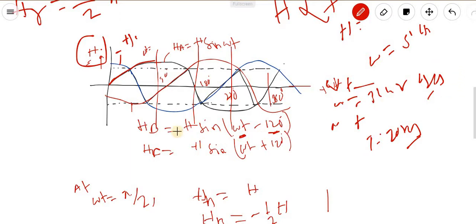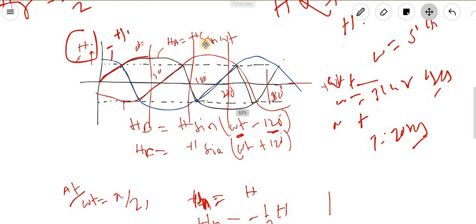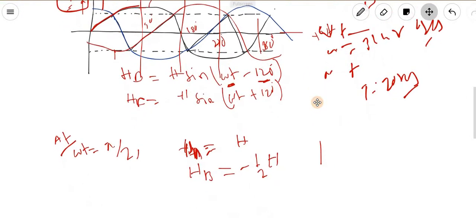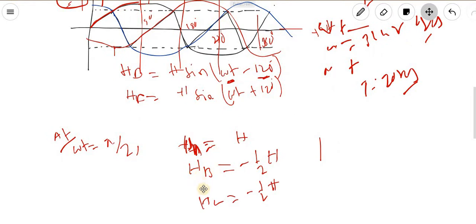Suppose any arbitrary point, suppose we are taking somewhere here. So at omega t equal to pi by 2, HA means how much value? Sin 90 degrees means H. Okay. And HB means how?